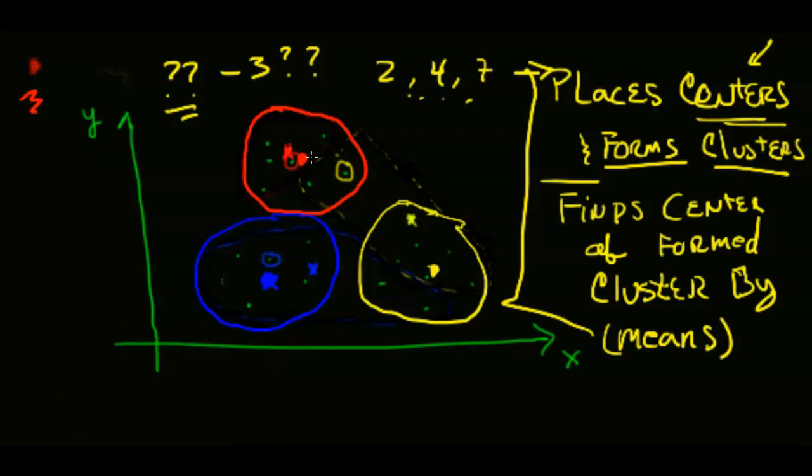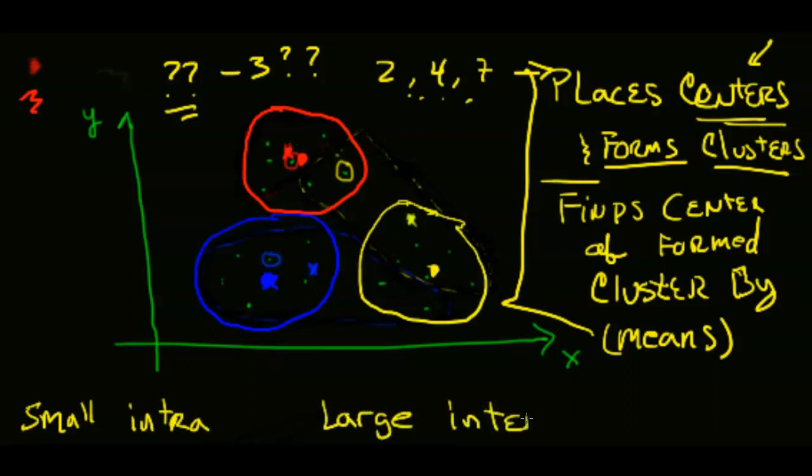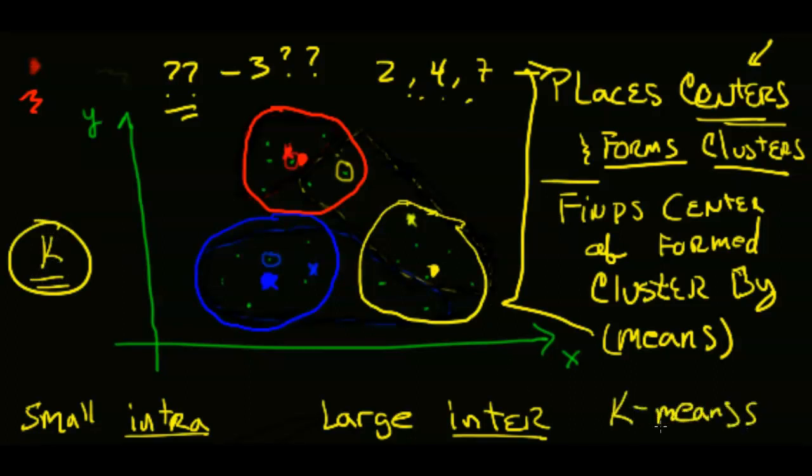The number of clusters that produces the small intra-cluster distances and the large inter-cluster distances is going to be the number of clusters that we're going to make. And we're going to call that number K. So this is where the word K comes in when we talk about the K-means algorithm, right?